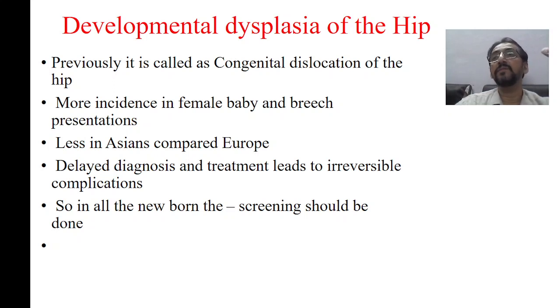Lay the baby in the supine position and look at the length of both limbs, whether both medial malleoli are at the same level, and whether there is a length discrepancy. Also check the hip joint level, for example fewer skin folds on the right side and more folds on the left side. If the buttock position is higher on the right and lower on the left, it means there is dysplasia. They are not in an equal position. So this type of screening is a must and you should do it in each and every infant, because if you diagnose the case early, then the chance of recovery is more and we can go for early treatment and manage this case.